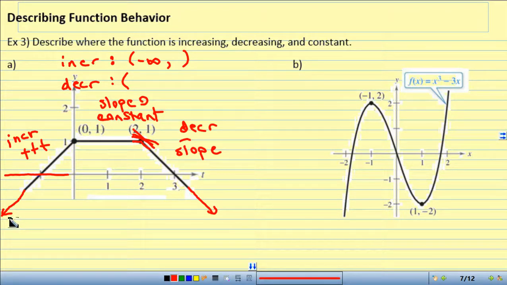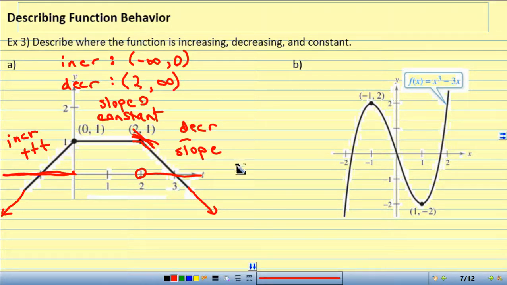It's increasing from x is negative infinity all the way to 0. Sorry, I was looking at the y value. I need to be looking at the x value, but I caught myself, so I'm lucky. So it's decreasing from x is 2, and I can't say anything about that point because there's too many tangent lines. It's a corner, all the way to infinity.